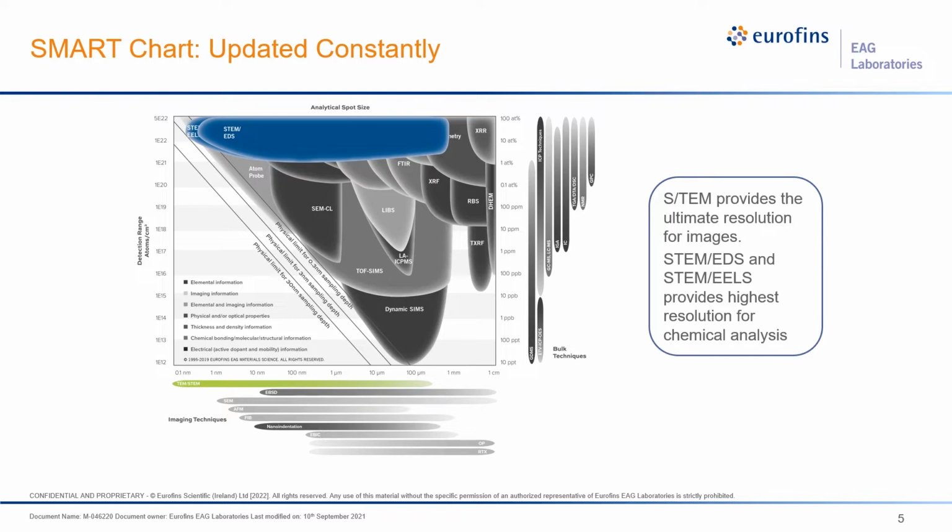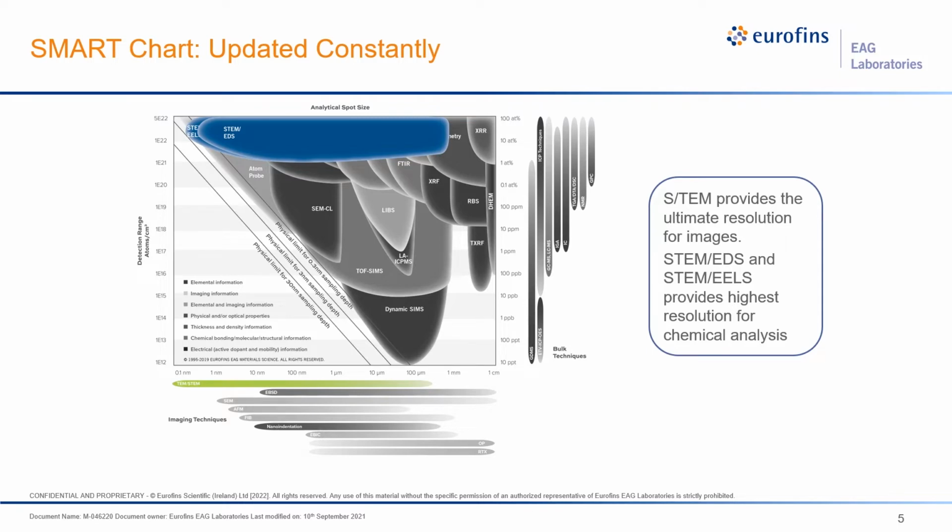So this axis is concentration. Basically, for chemical analysis, the TEM technique typically needs a couple of atomic percent in general. If you want to know some dopant concentration, then of course TEM is not the right technique for you. If you want dopant level type of information, we have other techniques for you.